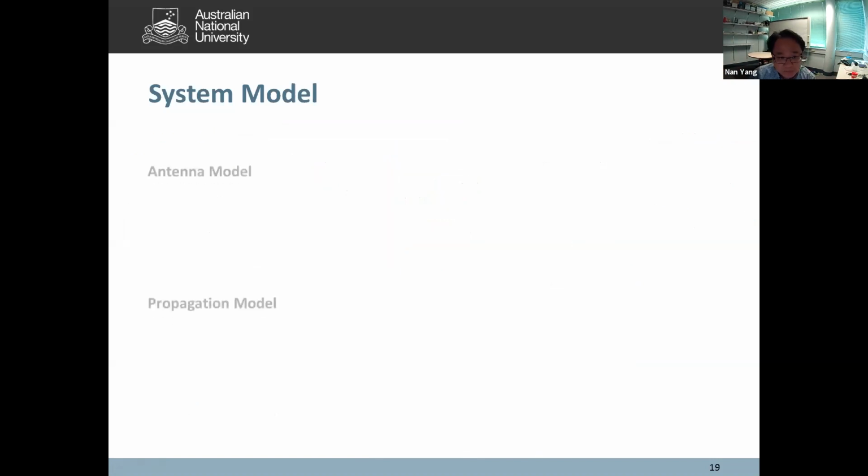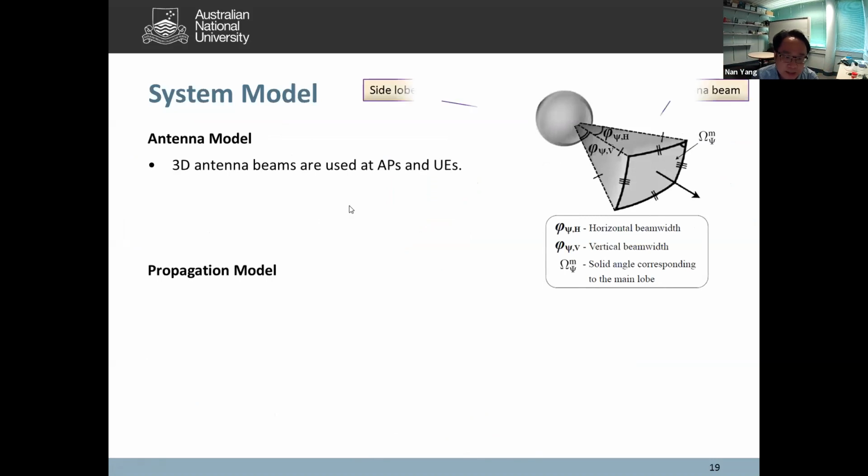But before that, we want to show two models. One is the antenna model, one is the propagation model. For the antenna model, we consider that 3D antenna beams are used at both the AP and the users. This is the illustration of the 3D antenna model, where we use the pyramidal shape to show the main lobe of the antenna beam, and then we use this ball shape to show the side lobes of the antenna beam.